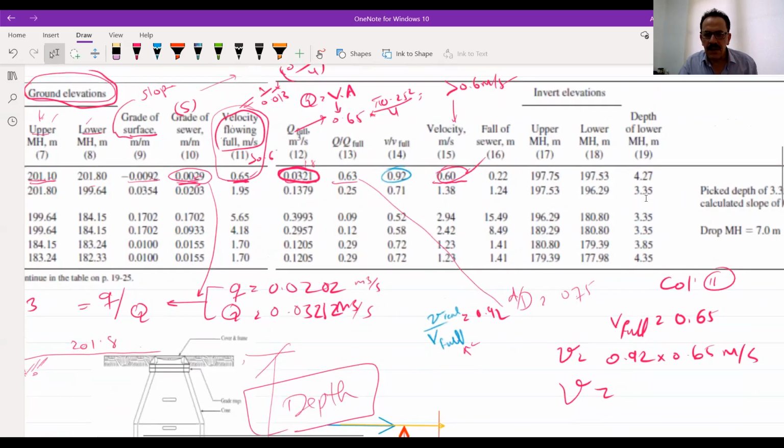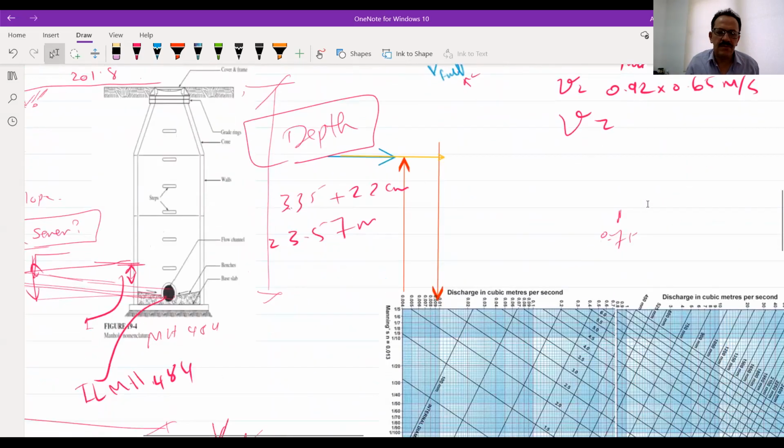And this will be the depth, 3.57 meter. Now, what will be the bed elevation of this manhole? We have here 201.8.